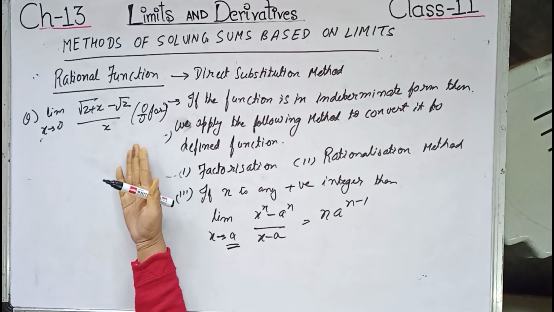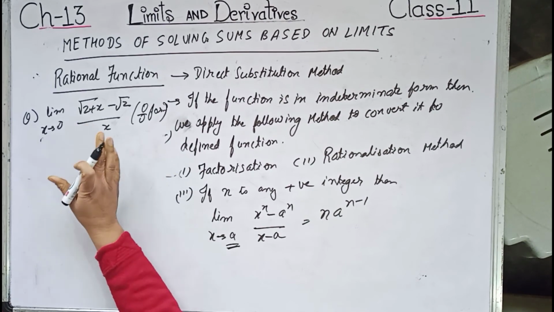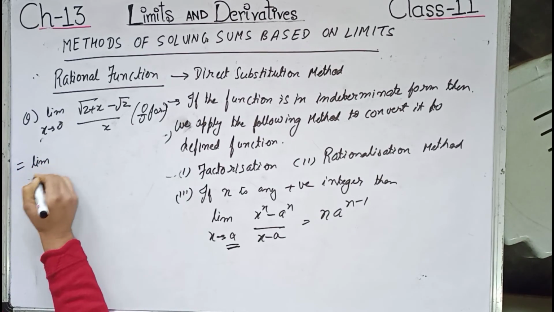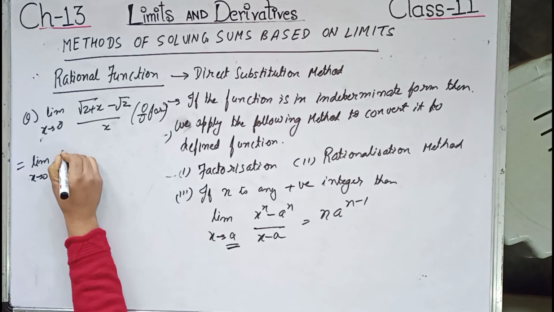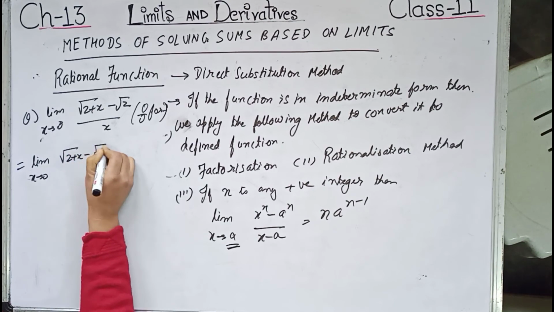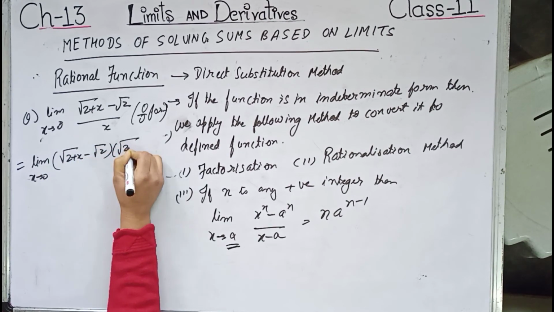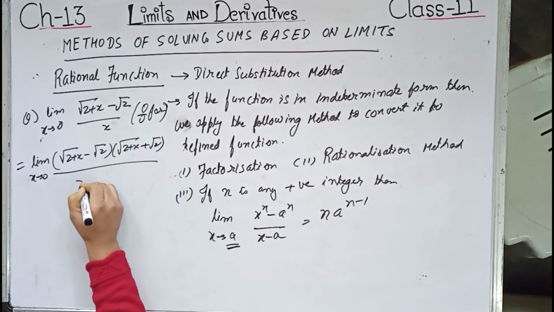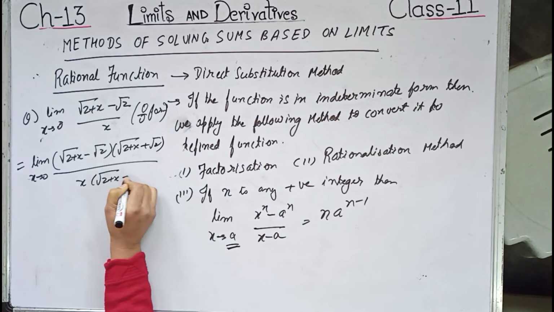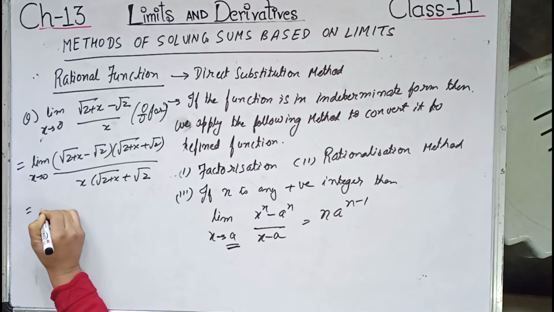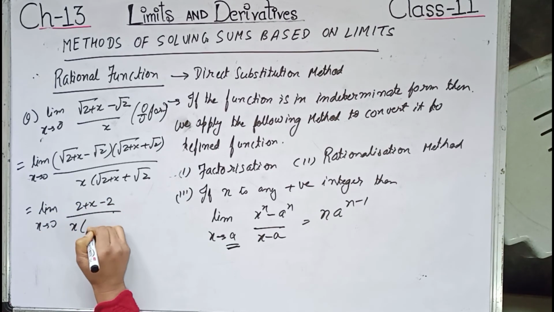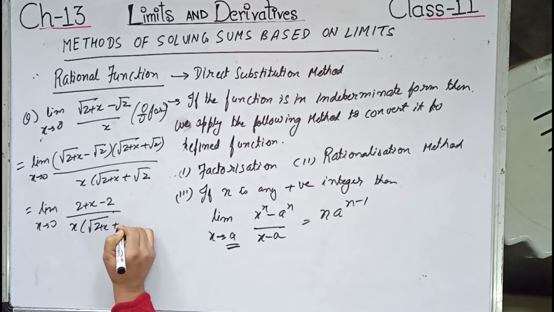Now to convert this to defined form, since root is there, we will always try rationalization first. So this will be equal to limit x tending to 0 of (under root 2 plus x minus root 2) by x, into (under root 2 plus x plus root 2) by (under root 2 plus x plus root 2). So this will be equal to limit x tending to 0 of (2 plus x minus 2) divided by x into (root 2 plus x plus root 2).